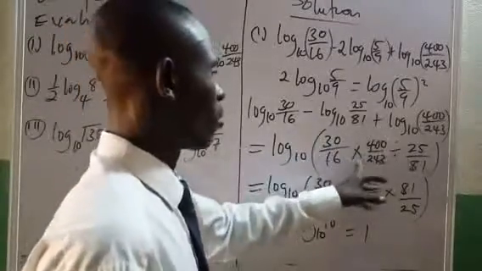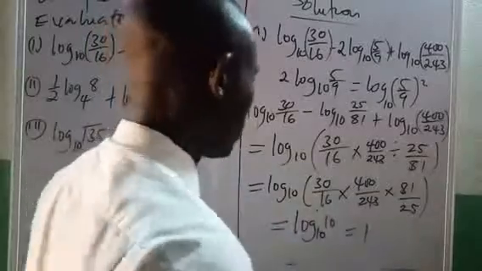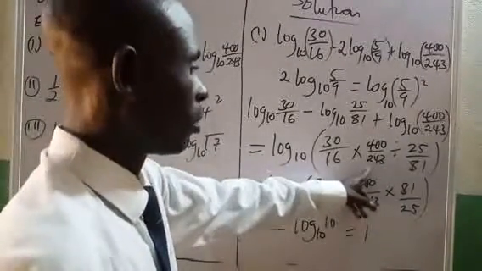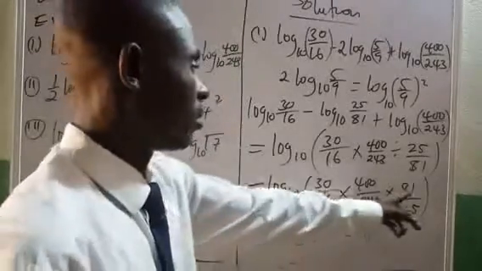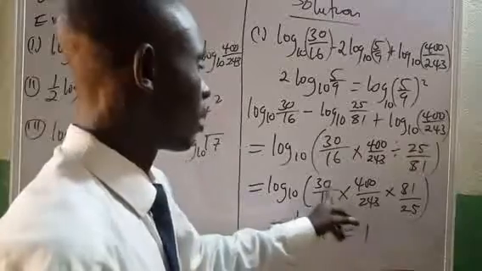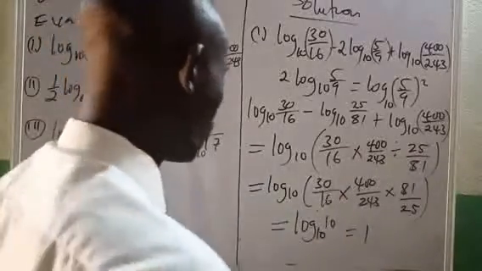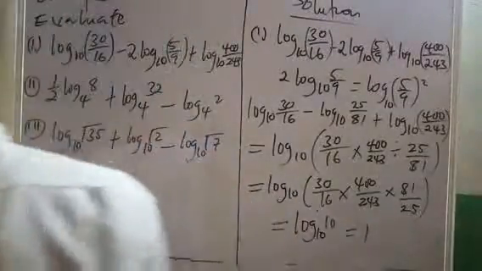You have plus become multiplication, minus become division. And if you cancel very well, 16 will cancel this to give you 25. 25 will cancel 25. 81 is 1. 81 here is 3. 3 will cancel this 30 to give you 10. So you have log 10, 10. And that will be equal to 1.